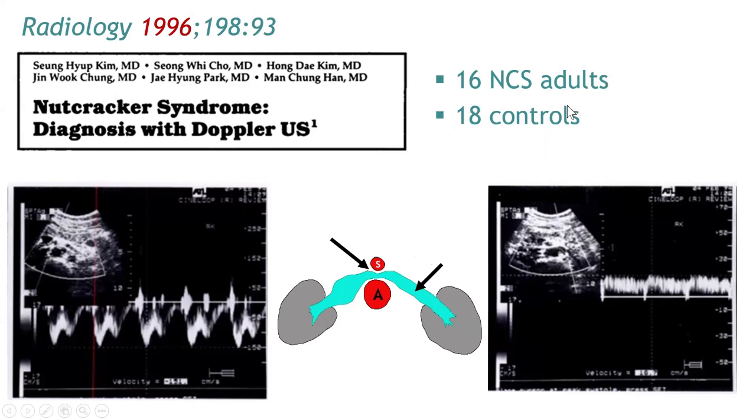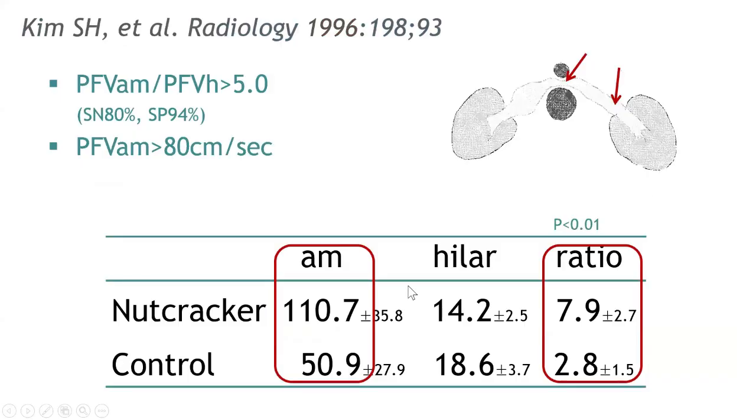We compared the velocity in the hilar left renal vein and aortomesenteric left renal vein. In the Nutcracker syndrome patients, we confirmed the Nutcracker using invasive venous catheterization and pressure measurement, and confirmed the pressure gradient higher than 3 millimeter mercury.